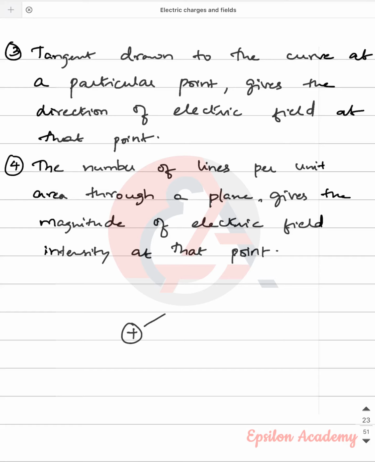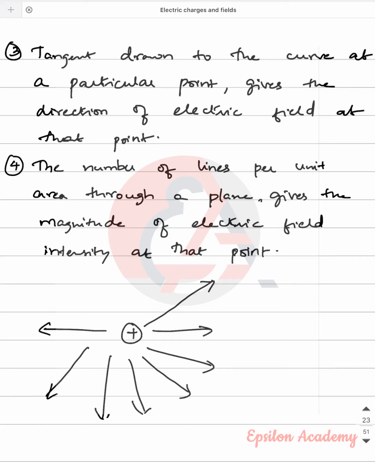For example, if I take a positive charge, then the electric field due to a positive charge is going to be away from it. Right? This is what we had been saying. It is radially outward. If suppose I consider a small area here and I consider the same area at this point, one thing we are able to observe at location 1 and location 2, if you calculate, through location 1 there are two lines that are passing, whereas through location 2 there is only one line that is passing. So if you are able to calculate how many lines are able to pass through a given area, that will tell you about the intensity.